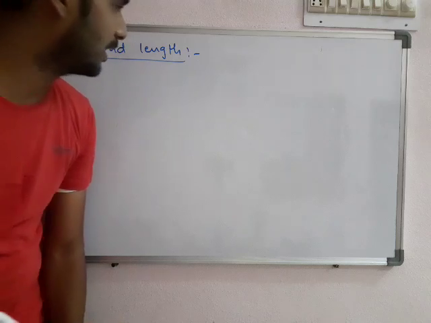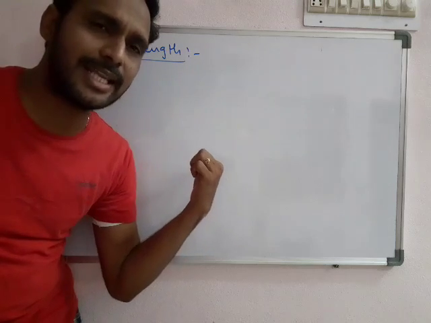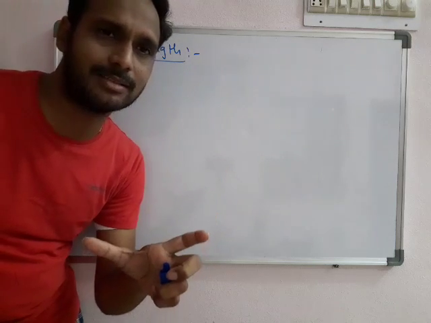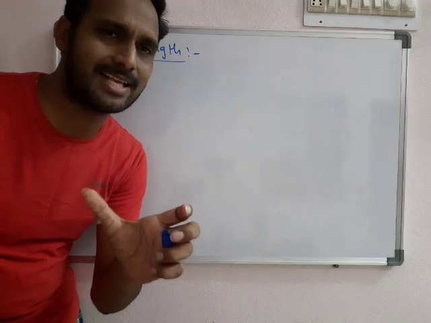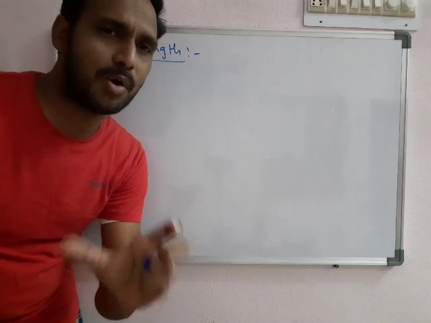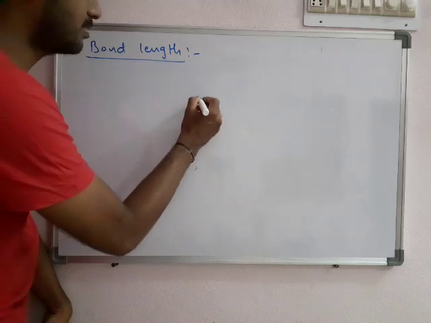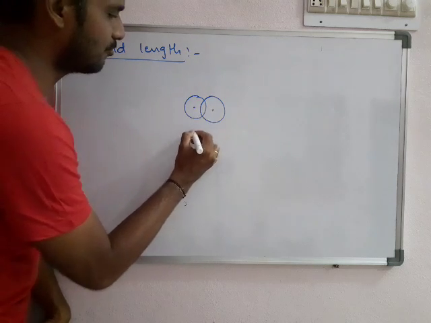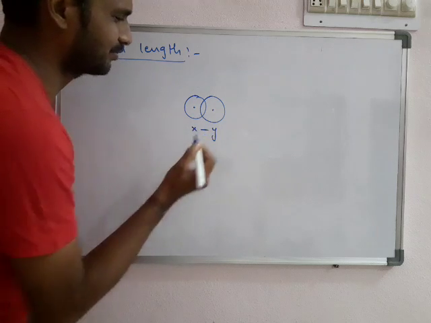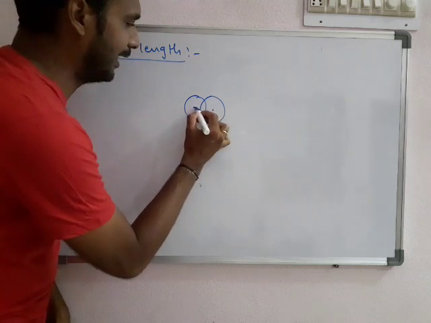Bond length is, as the name itself says, the length of a bond. For example, two atoms are there, say X and Y, covalently bonded.